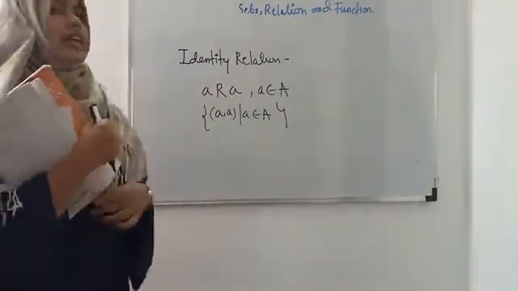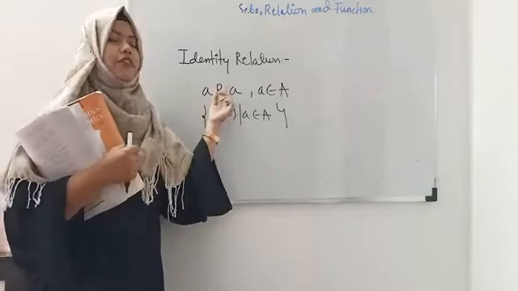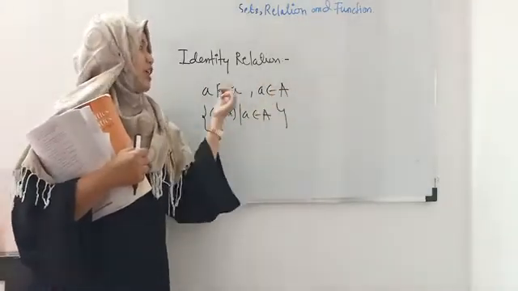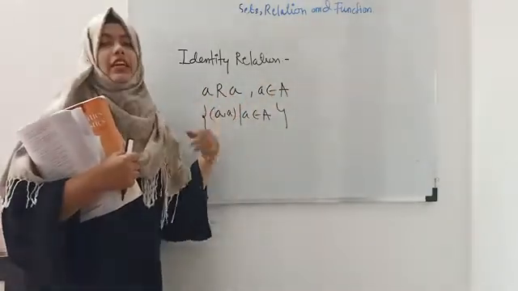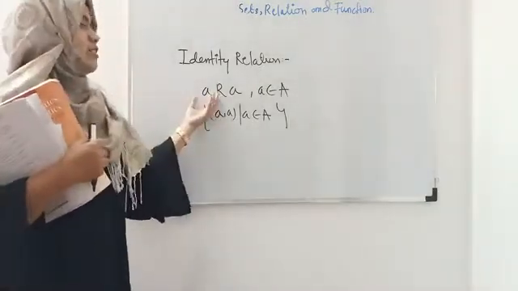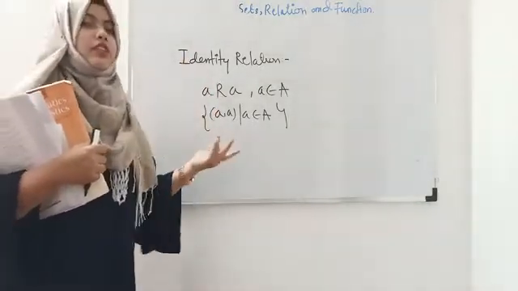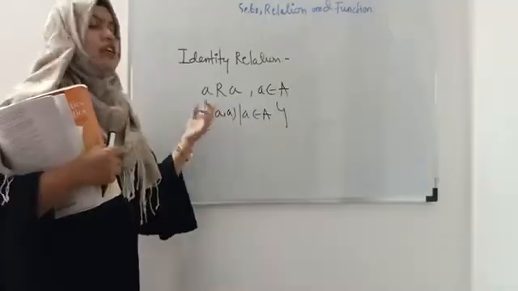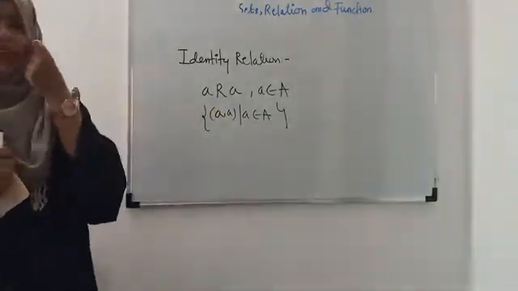Okay. Identity relation means if you have a set A in which every element is related to itself. अगर ऐसा कोई सेट है जिसमें हर एक एलिमेंट उसी से रिलेटेड हो, then that type of relation is called identity relation.